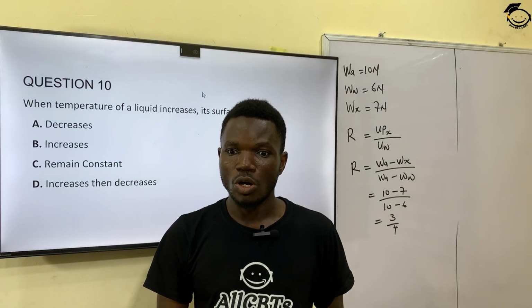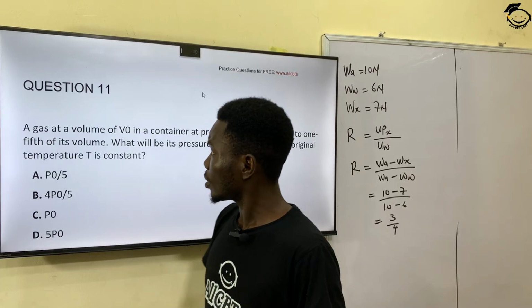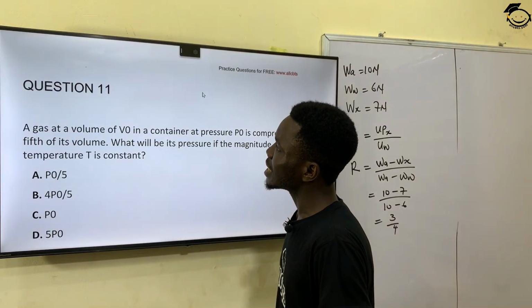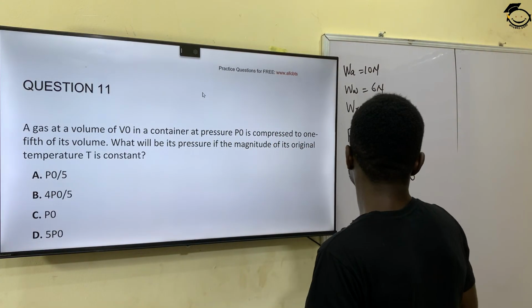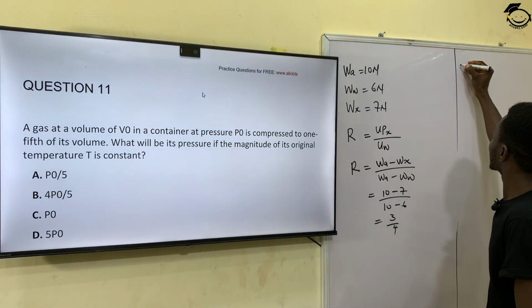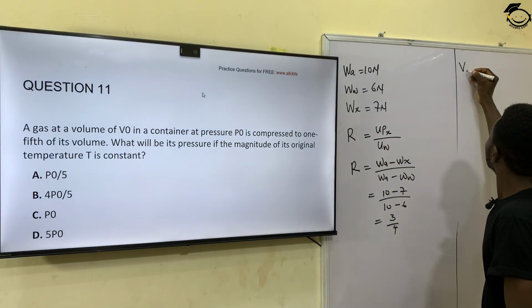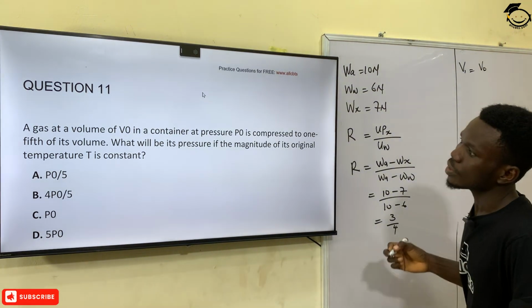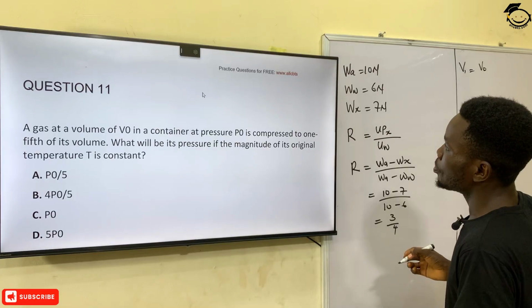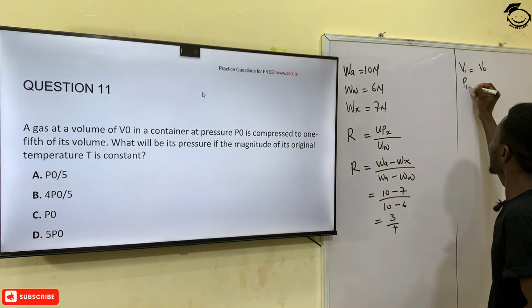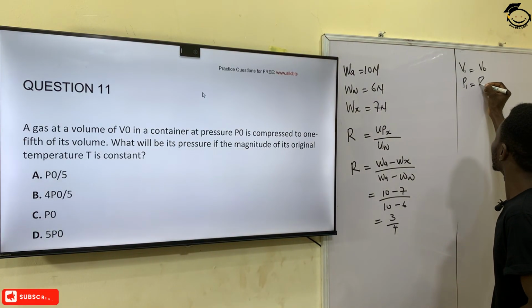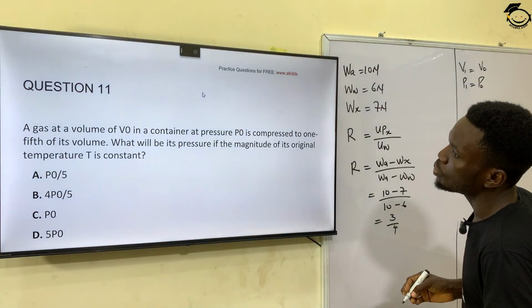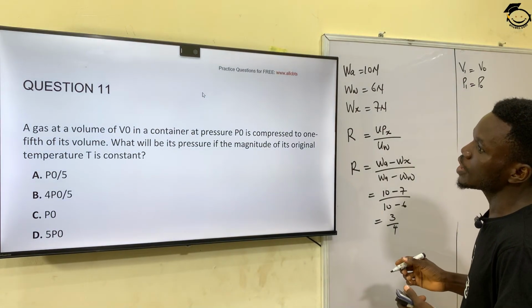So that takes us to question number 11, which says a gas at a volume of V0. So we have our first volume, V1 here was given as V0, in a container at a pressure P0. So our P1 here was given as P0. Is compressed to 1/5 of its volume.